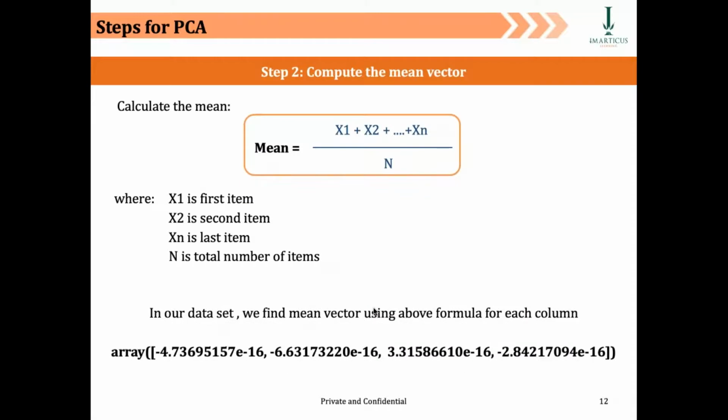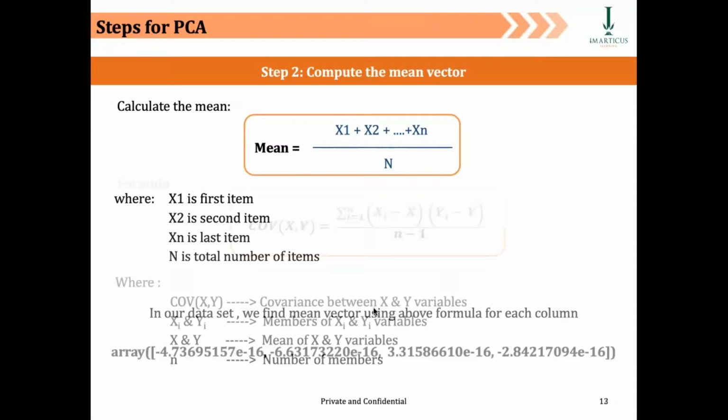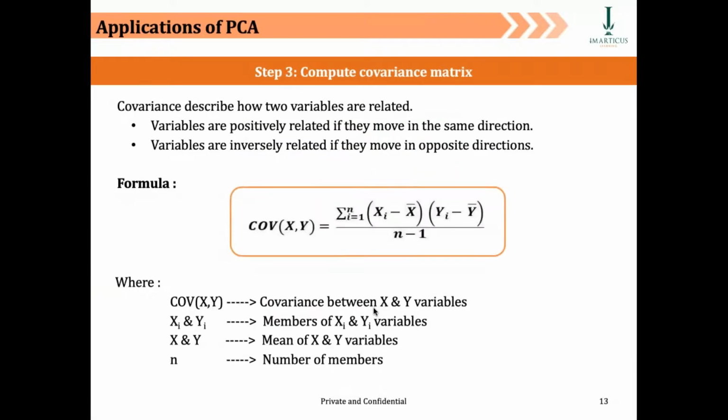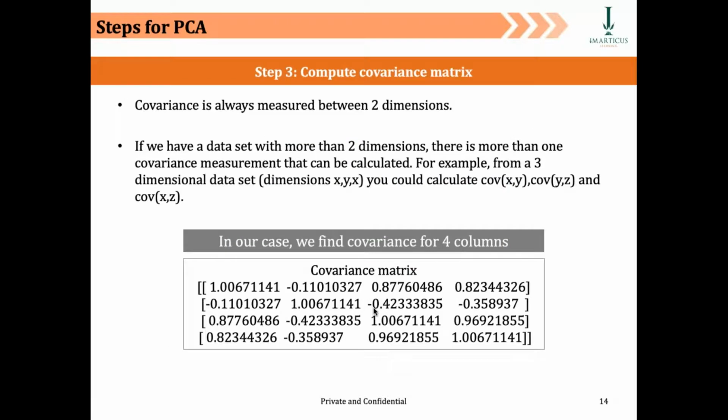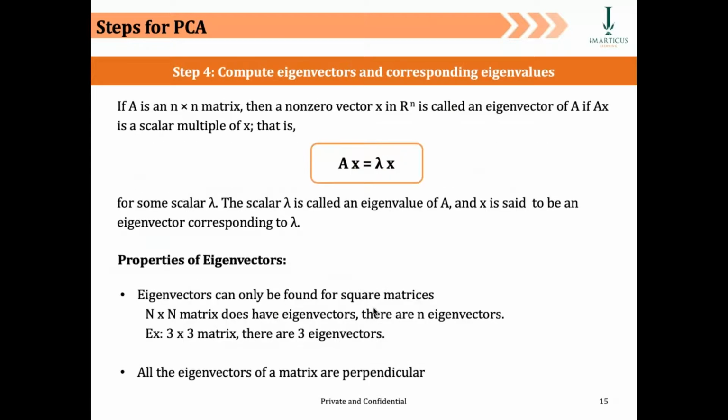So how does it work? Basically, it computes a mean vector, and then it computes the covariance matrix. After the covariance matrix, it measures the 2 dimensions, as I was talking about with the 2 PCA dimensions, and then it creates the eigenvectors and corresponding eigenvalues.